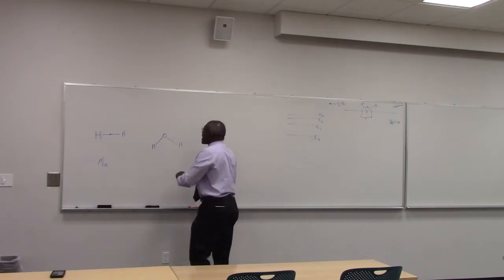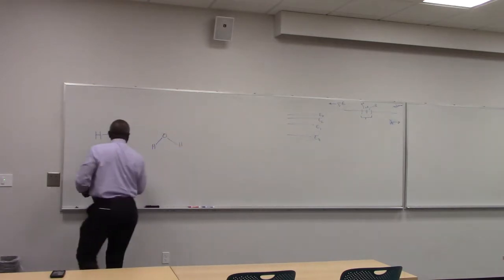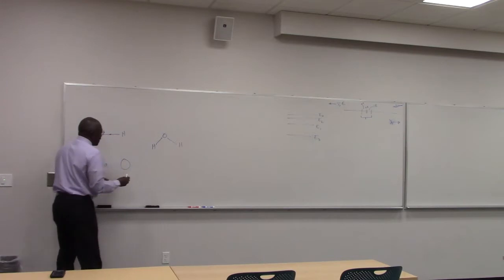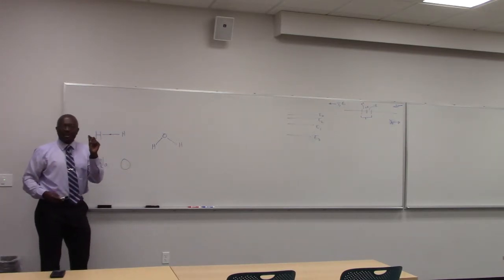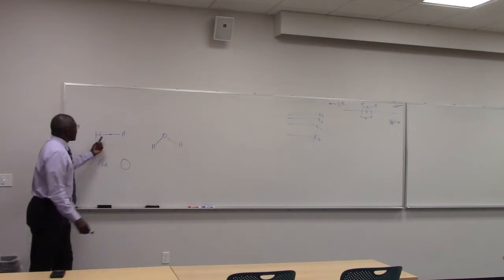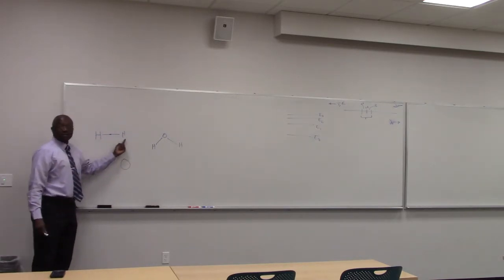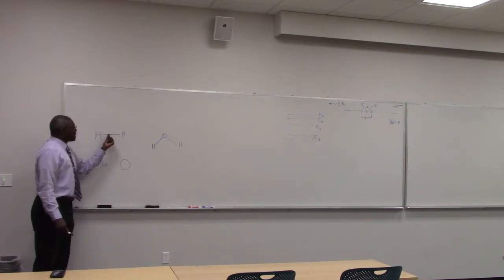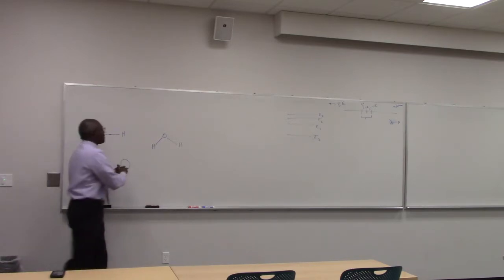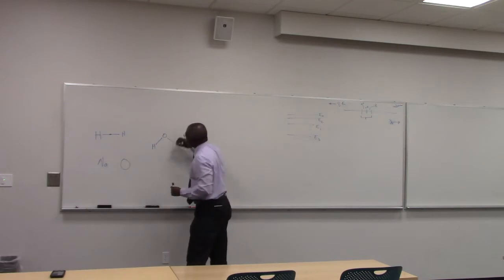But a sodium atom is a ball. There is no reference point about which sodium can vibrate, right? All these vibrations require a minimum of two atoms. So I can vibrate about this point, I can vibrate along here, and so on.